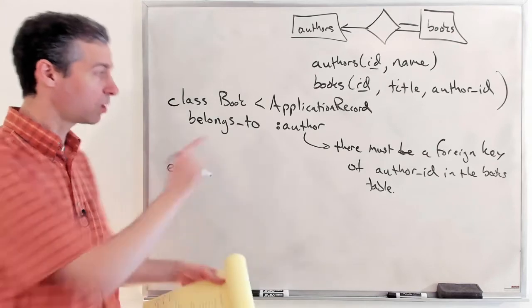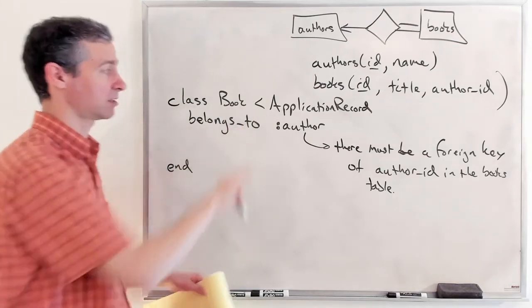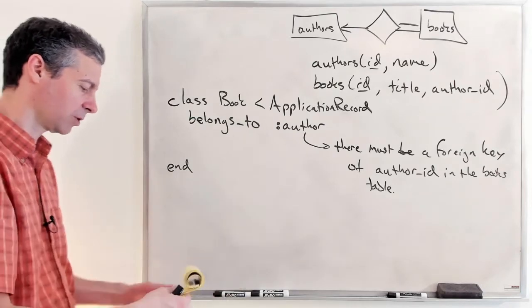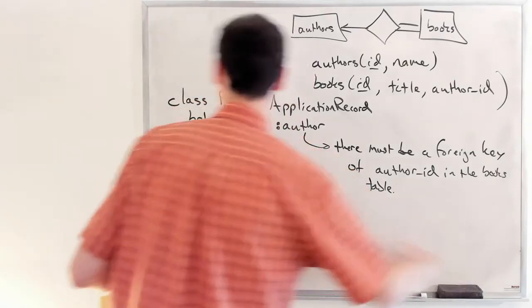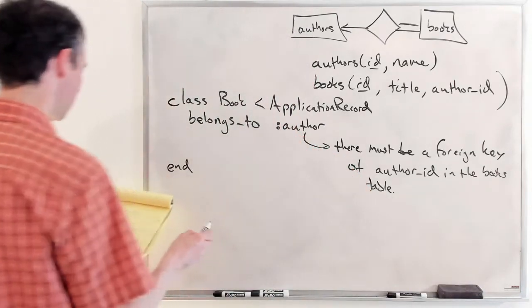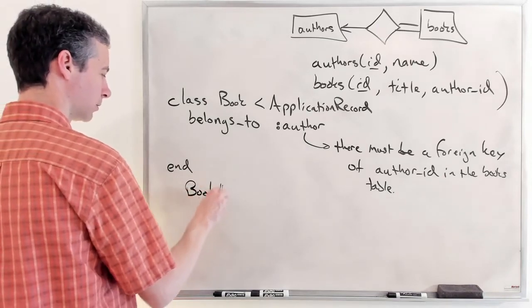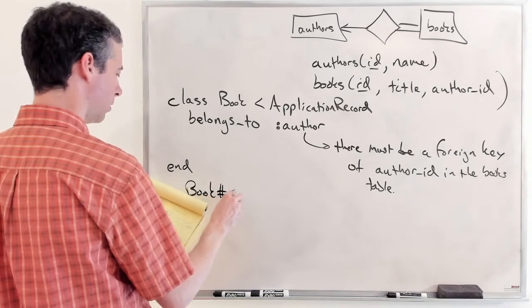All right, so when you do this, what is actually getting made for you? What is actually happening? Well, this will cause the generation of a book author method.